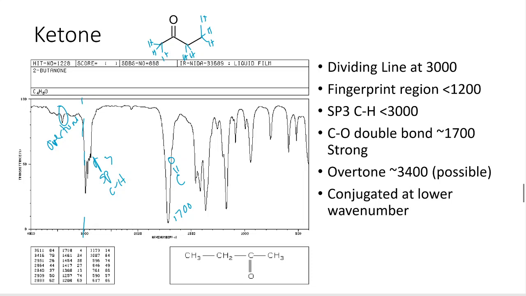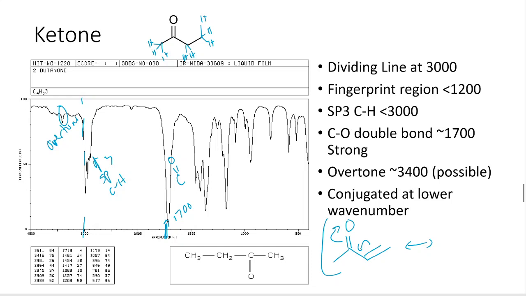Another thing to note about carbonyls is that if you have a conjugated carbonyl, that will show up at a lower wave number. If you have an unconjugated carbonyl, it's going to show up around 1700. If you have a conjugated system, though, remember we have resonance here, and so we could draw a resonance structure.